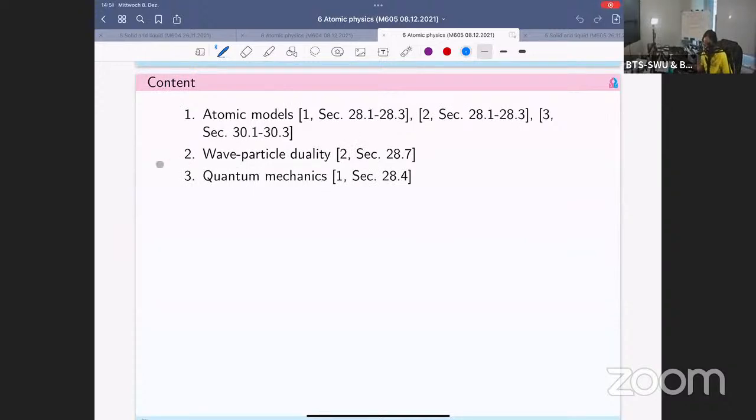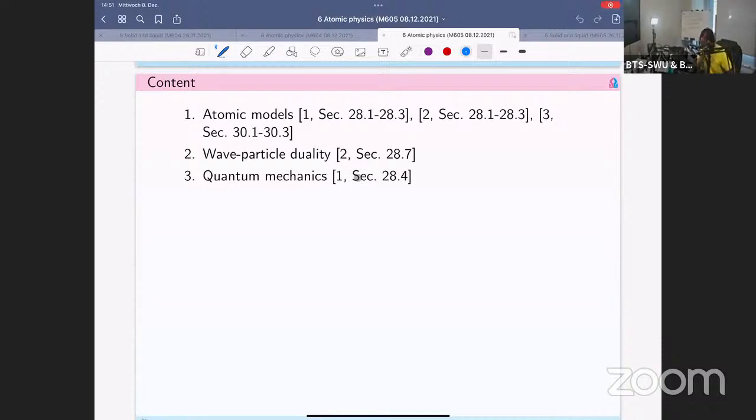And at the end of this chapter, we will go ahead to the so-called quantum mechanics. Okay, we don't talk so much about the advanced topics in quantum mechanics because it's beyond your level.